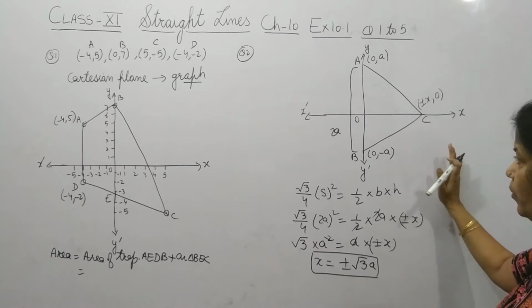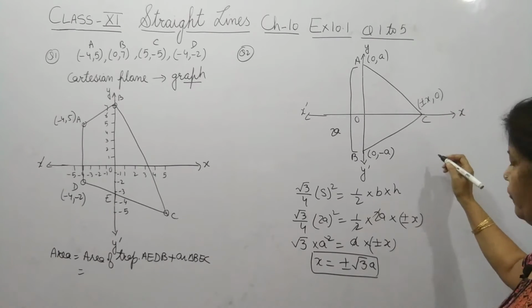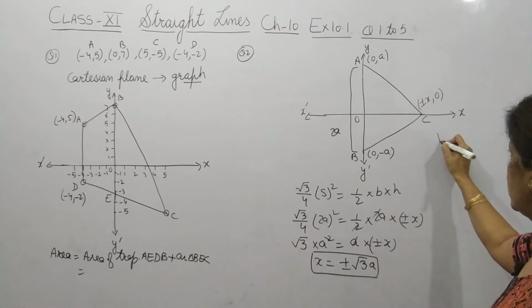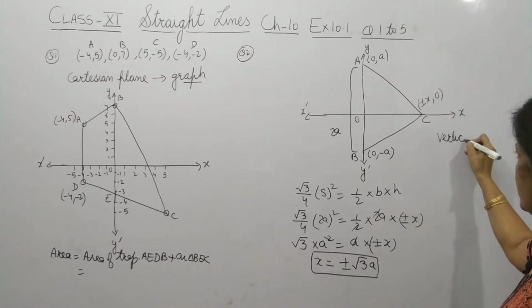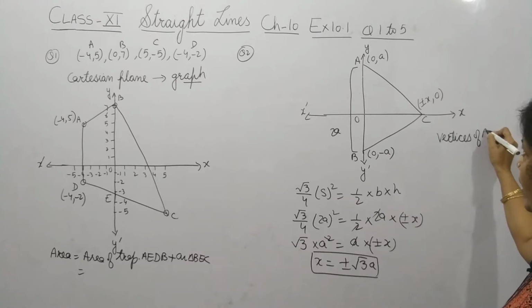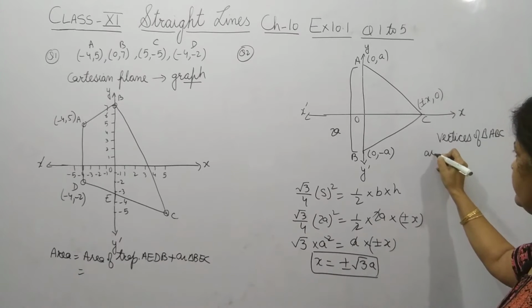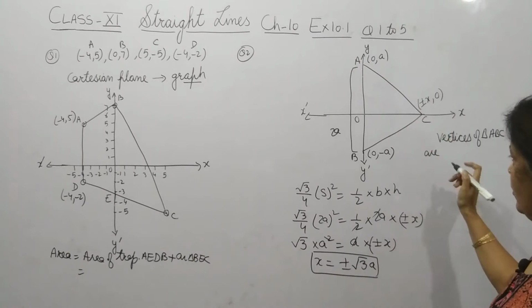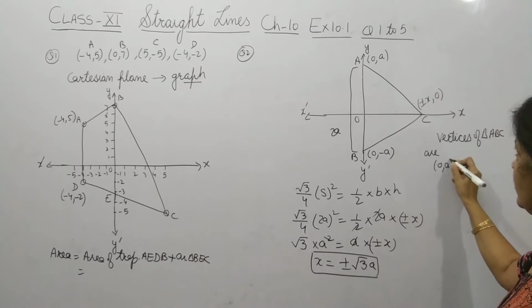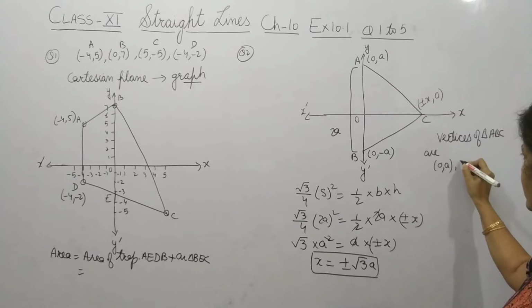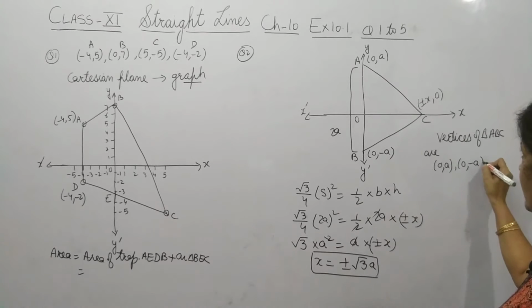So what should be the vertices of the triangle? Therefore, the vertices of triangle ABC are 0, a, then 0, minus a.